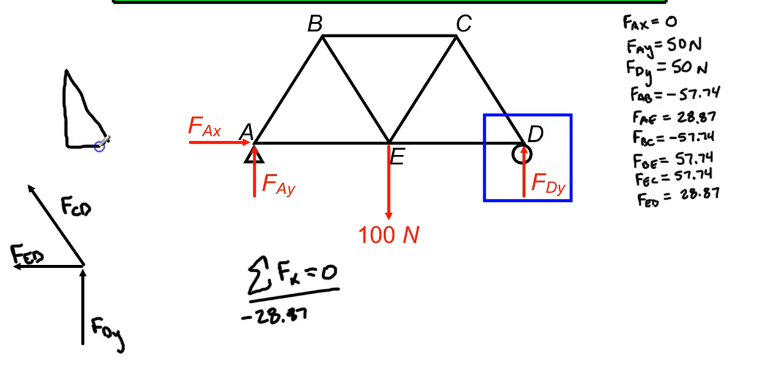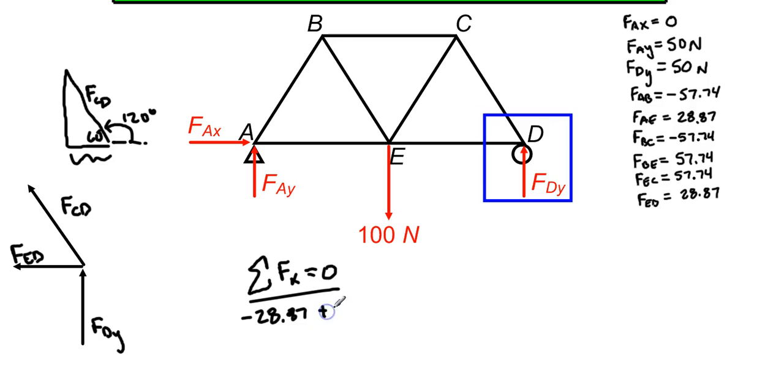And then we need the x component of FCD. So similar process to what we did before. This is our 60-degree angle. This is FCD. But again, we've got to wrap this around until we hit it, so the angle that we're going to use in our trig function is actually 120. We want the x component of this guy, so it's going to be cosine of 120 times FCD.